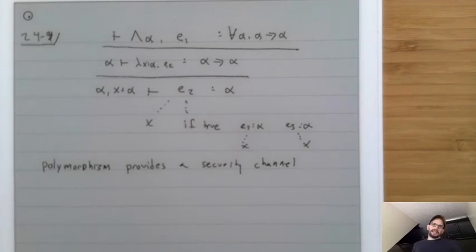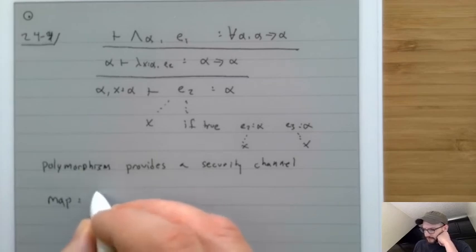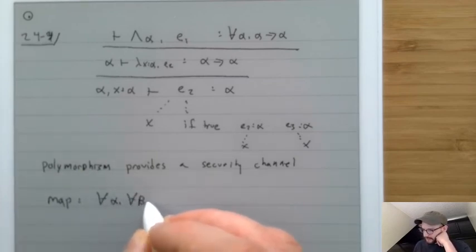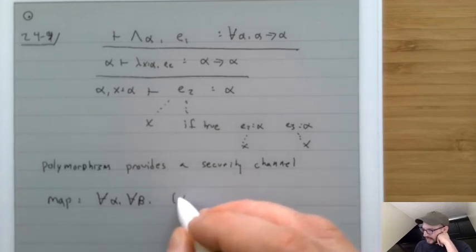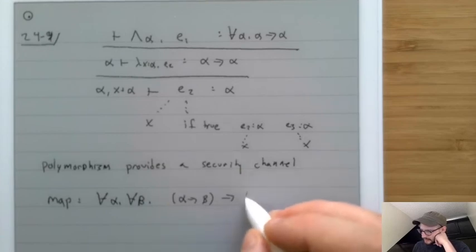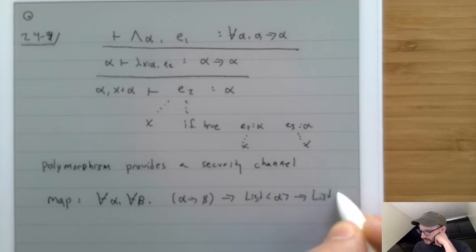Now, unfortunately, actually, let me step back one step. So, like, what's an example of this being useful other than for the identity function? Well, the map function, its type is for all alpha, for all beta, it takes an alpha arrow beta function, and it takes a list of alphas, and it returns a list of betas.